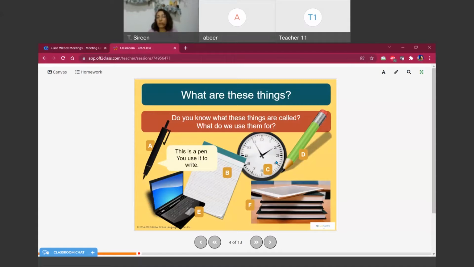And why do we use them? To write. Okay. C? Hour. لا. Hour ساعة. لا. Watch. Watch or a clock. لا. And why do we use it? We use it for? To know the time.